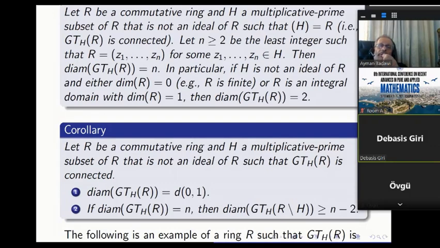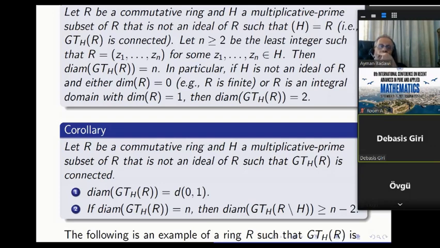Here is also something kind of interesting. Remember in the previous result, the generalized total graph will be connected if and only if there are finitely many elements in H, call them Z1 up to Zn, such that each element in R can be written as a linear combination of the Zi's.